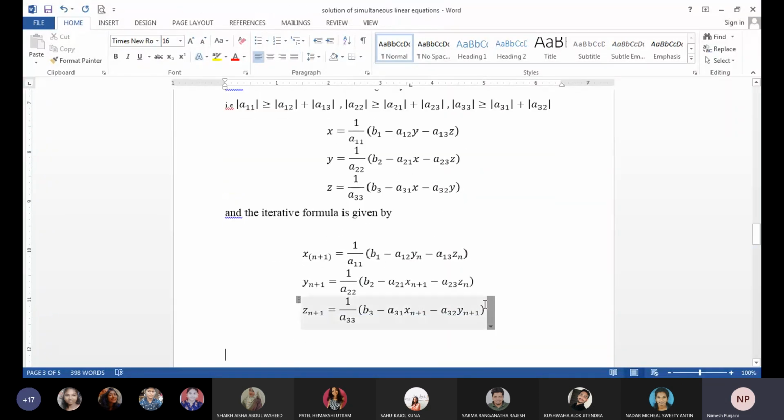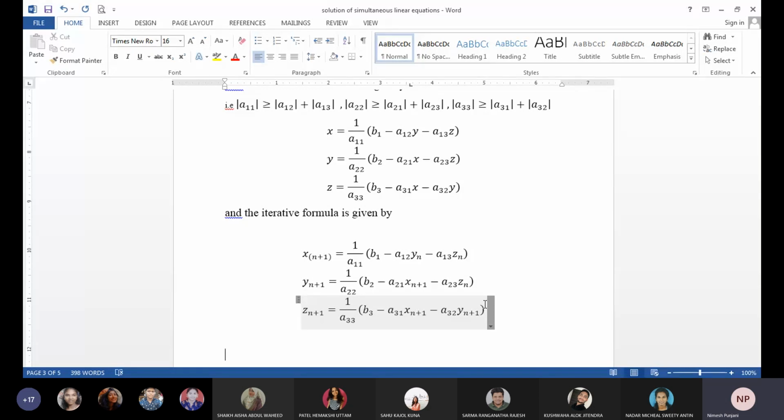What does the formula say? It's an iterative method. Xn plus 1 is given by 1 upon a11 multiplied with b1 minus a12 into yn minus a13 into zn. Yn plus 1 is given by 1 upon a22 multiplied with b2 minus a21 into xn plus 1 minus a23 into zn.